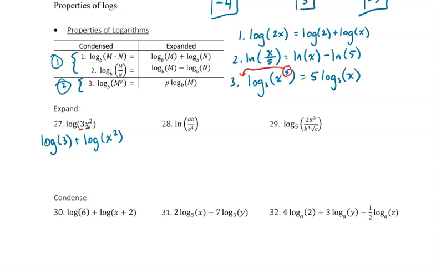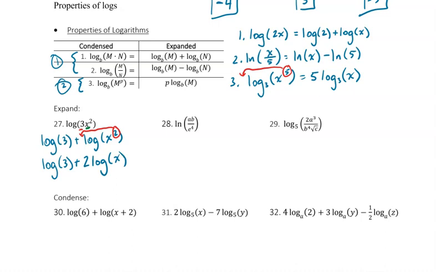Next, we are going to take any exponents and put them out front. In this case, we have that 2 that can go right out front. So we're going to have log of 3 plus 2 log of x.